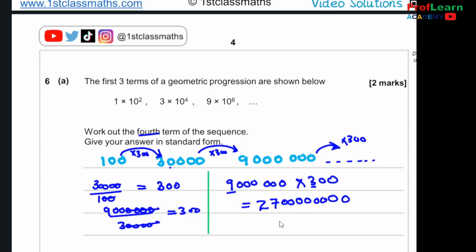Then now writing this in standard form, we are going to shift the decimal. Suppose it was here, how many steps? 1 2 3 4 5 6 7 8 9. So our answer will be 2.7 times 10 raised to power 9.